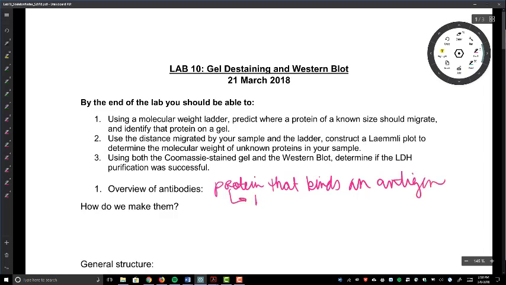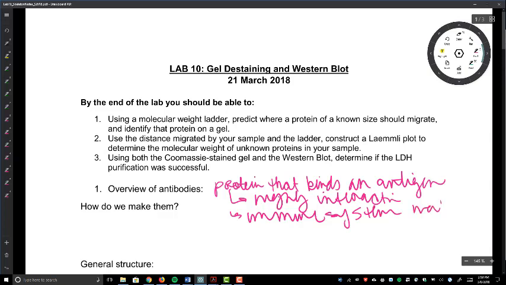And this is a highly specific interaction. Your immune system makes these proteins to combat foreign substances.